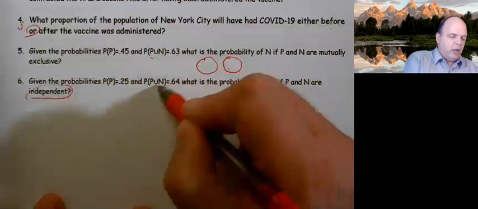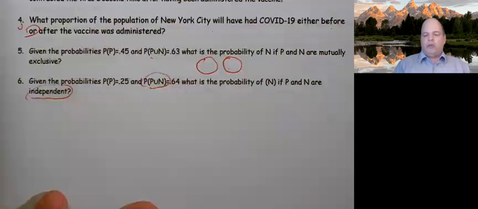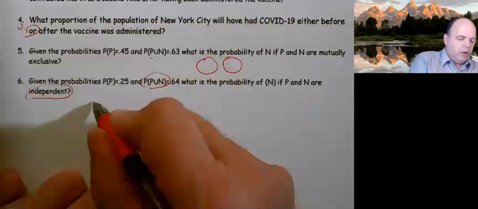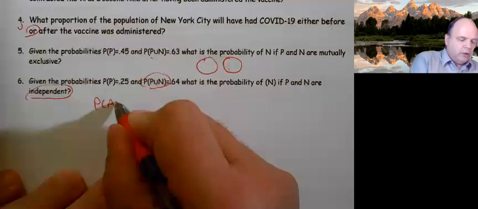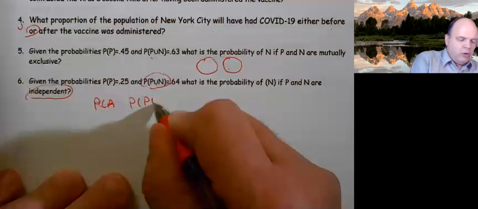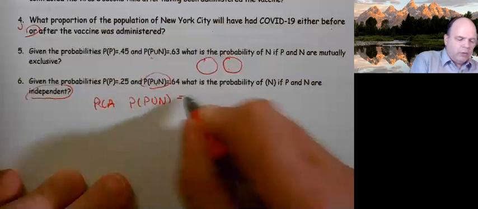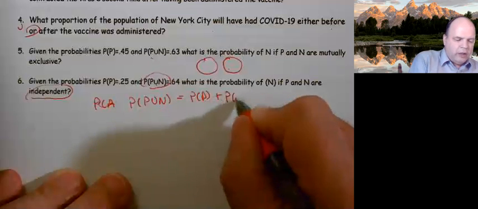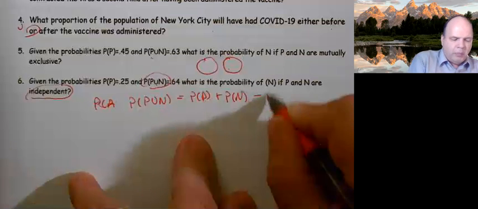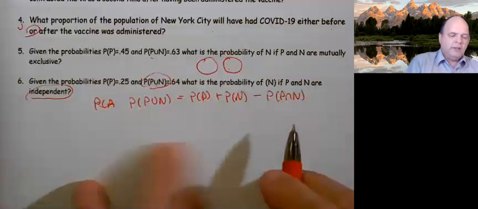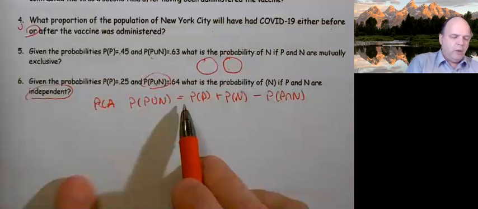Once again, I see the union, so I'm going to write down the general addition rule: the probability of P union N equals the probability of P plus the probability of N minus the probability of P and N. Now I'm going to start plugging in what I know.